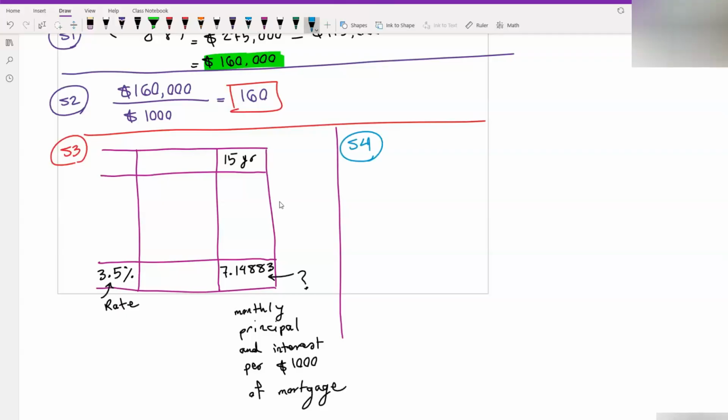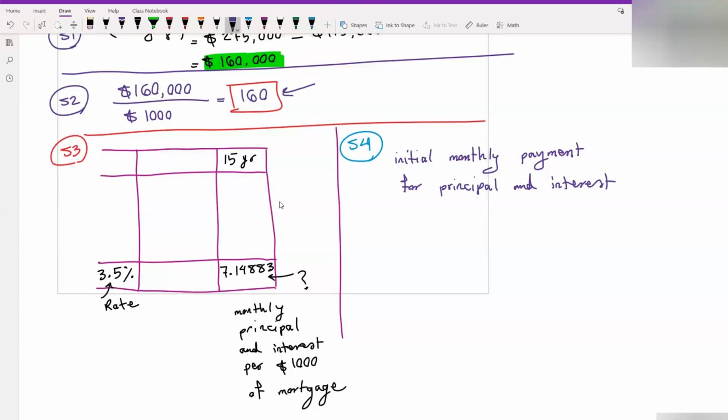Now step 4: the initial monthly payment for principal and interest. Based on step 2, after we divided the mortgage by $1,000, we got 160.